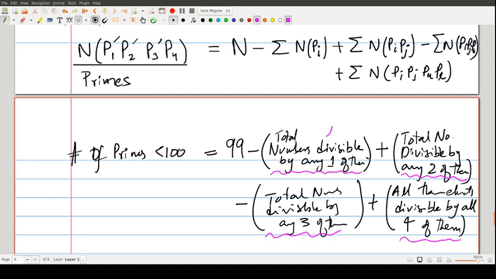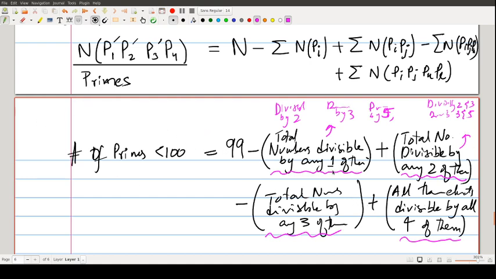So in this set, basically what you will have is all the numbers that are divisible by 2, divisible by 3, 5, and 7. And in this set, the first will be divisible by 2 and 3, divisible by 3 and 5, and so on. You will make these pairings and so on and so forth, right?